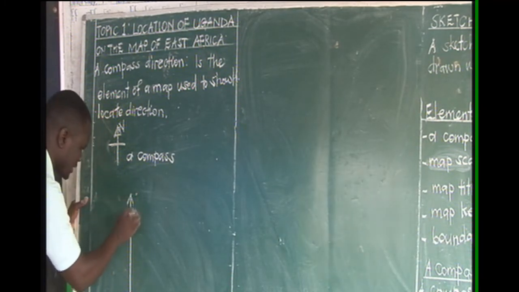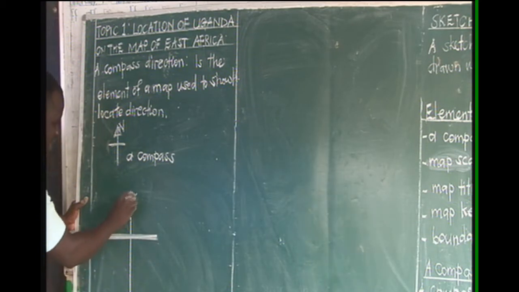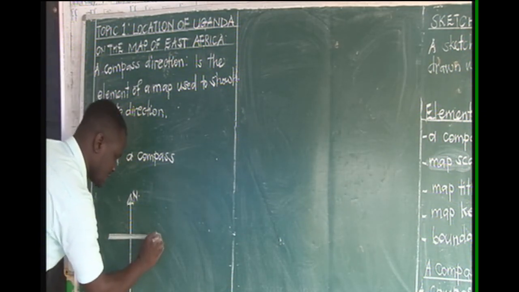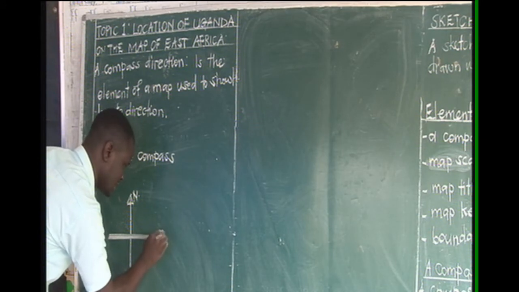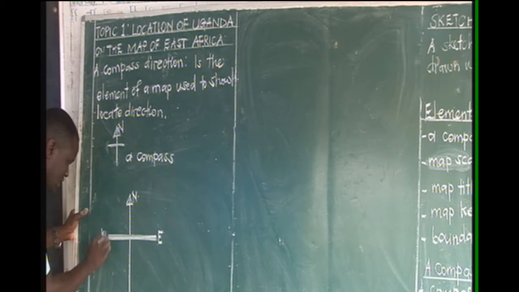We represent it by having the first four major points of a compass direction. This is north, that it faces. Then we have east here, south, then we have west.